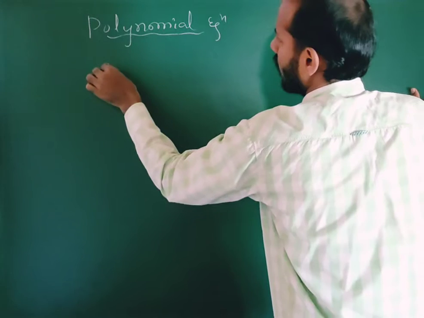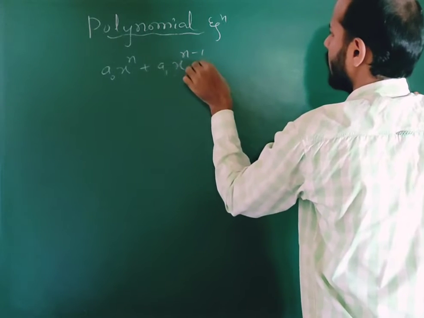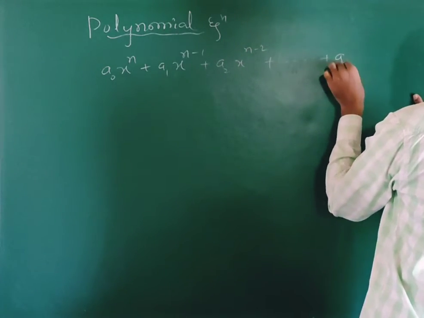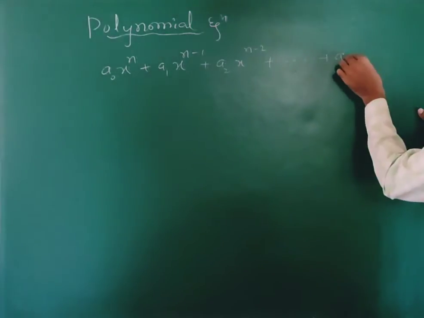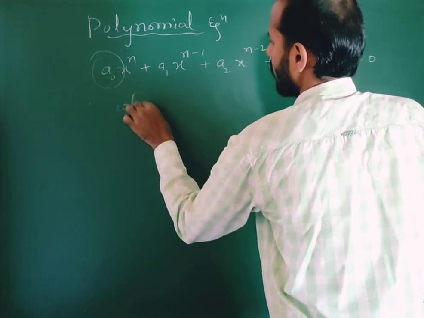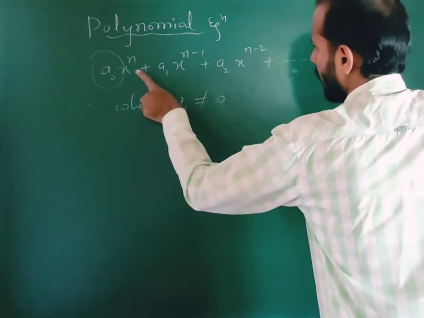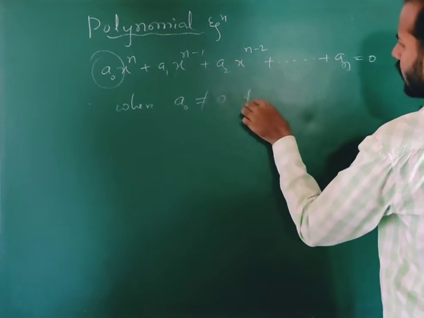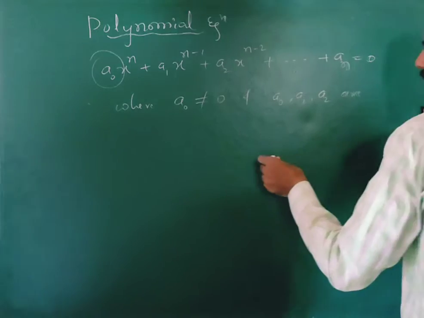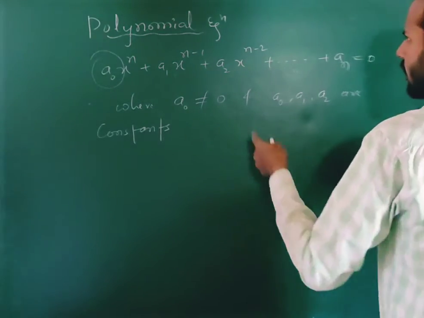Polynomial equation, already you know. a naught x to the power of n plus a1 x to the power of n minus 1 plus a2 x to the power of n minus 2 plus so on up to an, which is equal to 0, where a naught is not equal to 0, and a naught, a1, a2 are constants, and x is nothing but a variable.